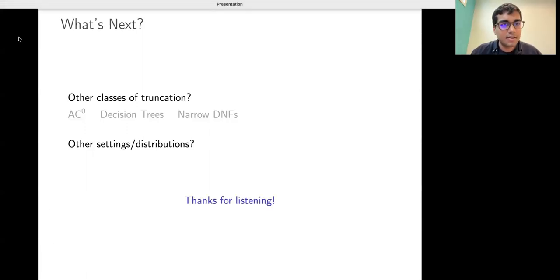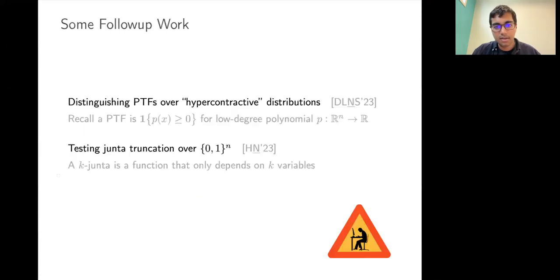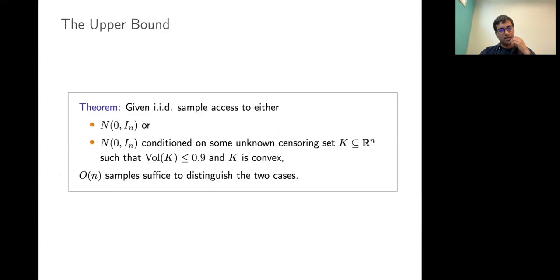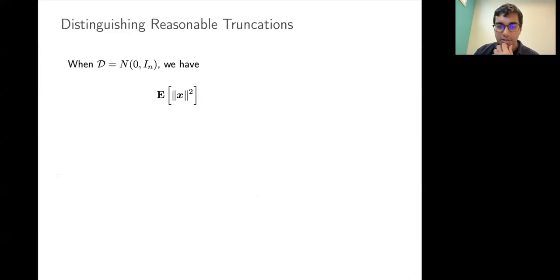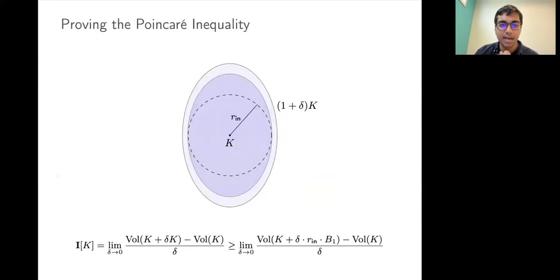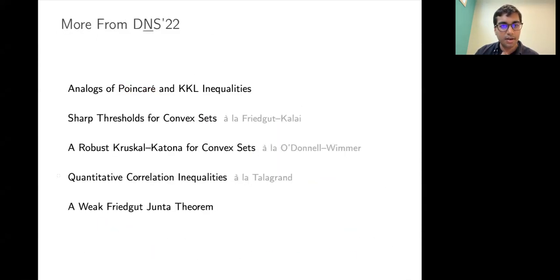So let me see if I can jump back to that slide. So we don't have a junta theorem, and that would be amazing. Like I would really like to see a junta theorem. So we have all of these results, and we have a weak consequence of Friedgut's junta theorem, but we don't quite have Friedgut's junta theorem.